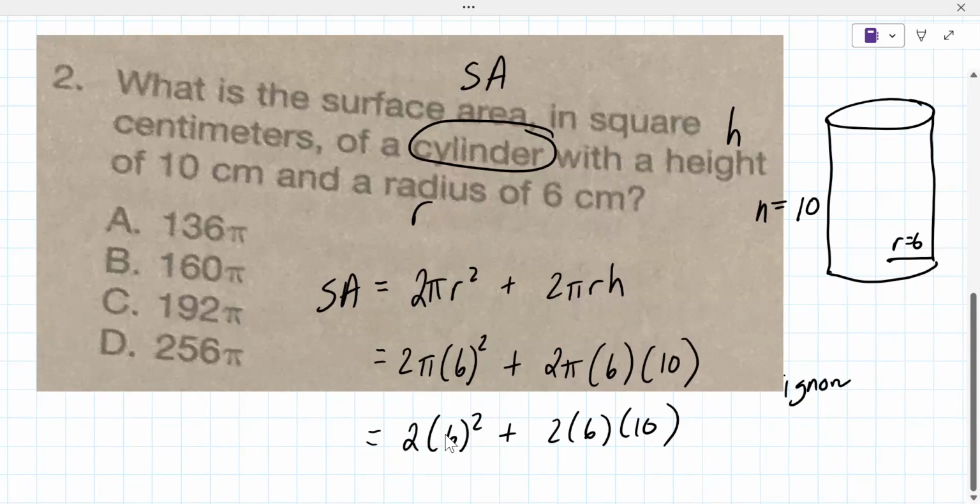So could you simplify this for us? 6 squared, then multiply by 2, 2 times 6 times 10.